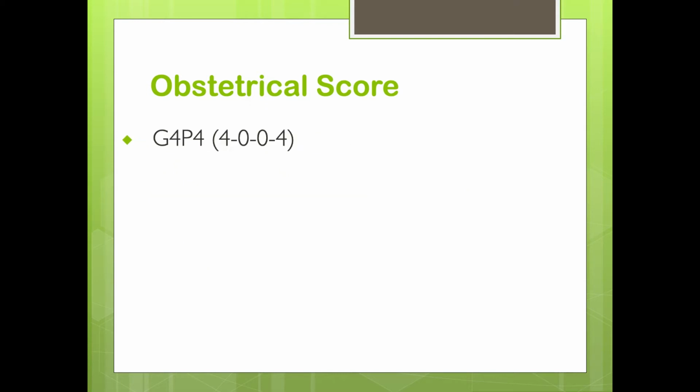The following are examples of obstetric scores, so let us now interpret them. For G4P4, 4004, this means that the woman has been pregnant four times, with four pregnancies going beyond 20 weeks age of gestation. There were four term deliveries, no preterm, no abortion, HMOLE, ectopic, or blighted ovum, and she has four living children.